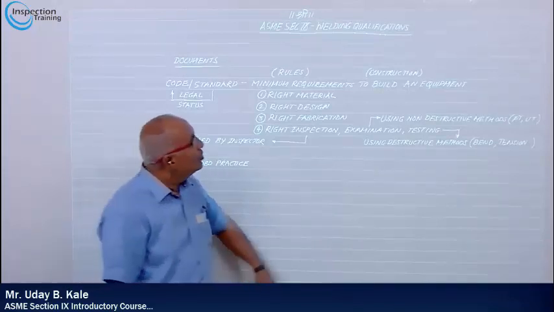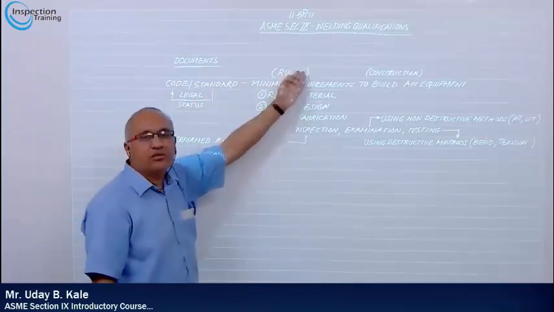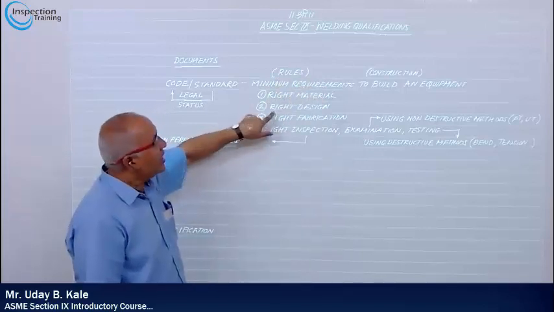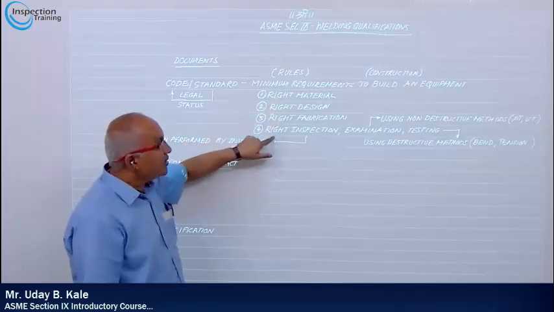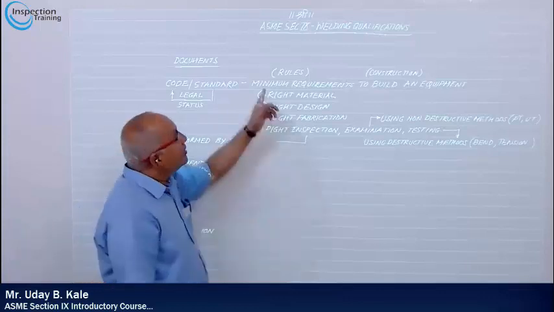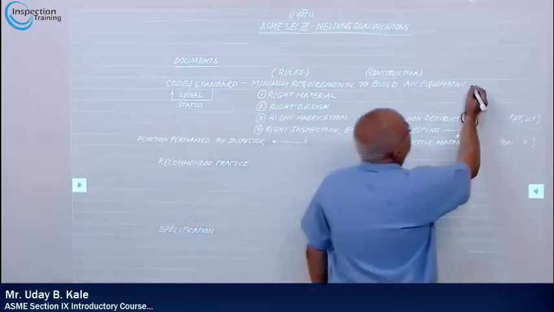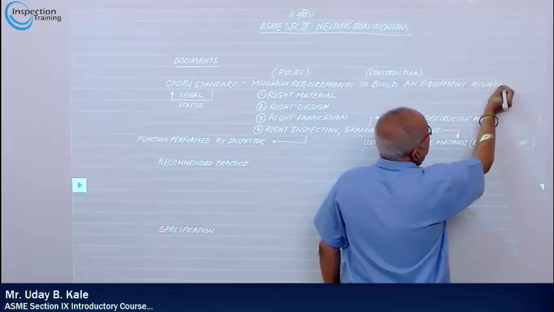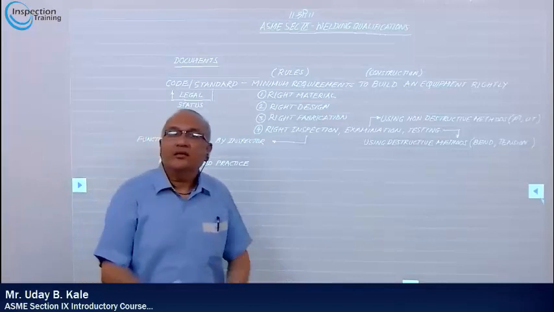So, coming back, code or standard gives minimum requirements, rules for constructing an equipment. When I say I am using the right material, the right design, the right fabrication, the right inspection, examination and testing, what am I doing? This document is giving minimum requirements to build an equipment rightly. That's all.